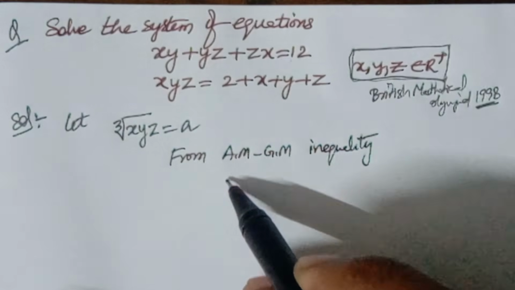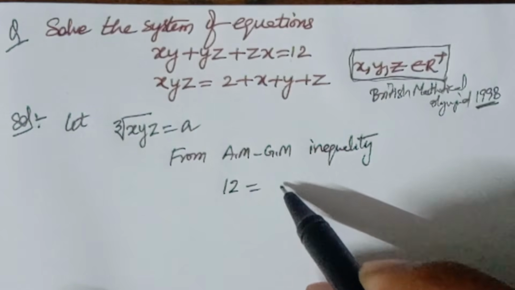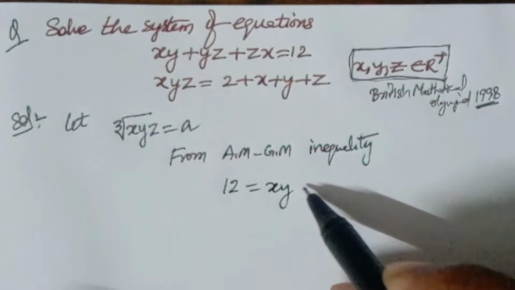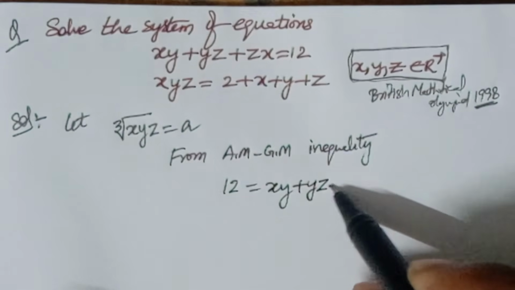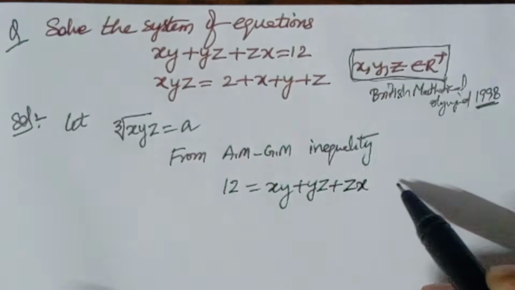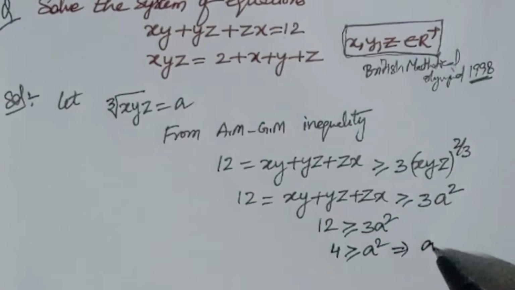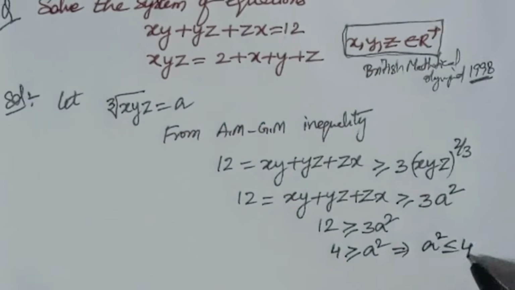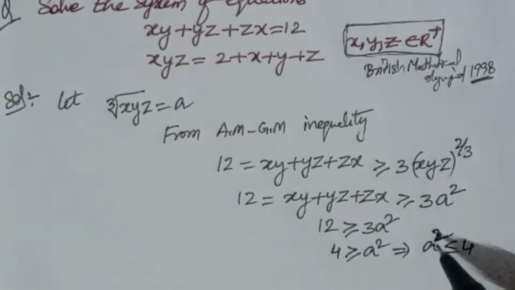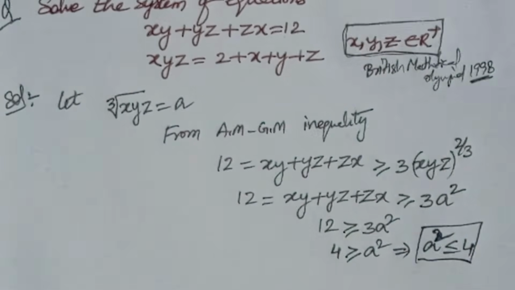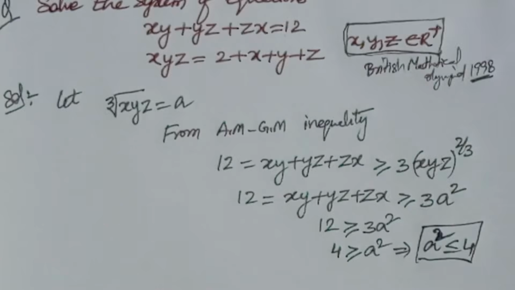We have 12 equal to xy plus yz plus zx, and you can write it as a square is less than or equal to 4. Here we are using positive values only.